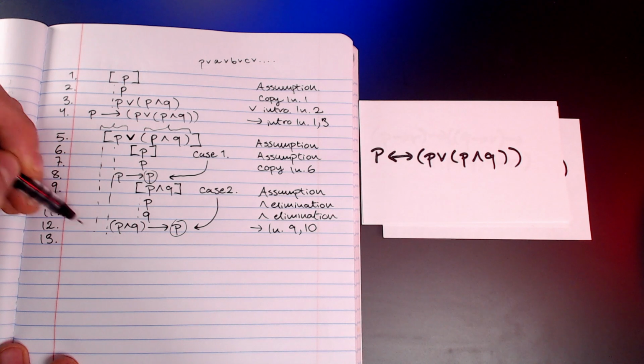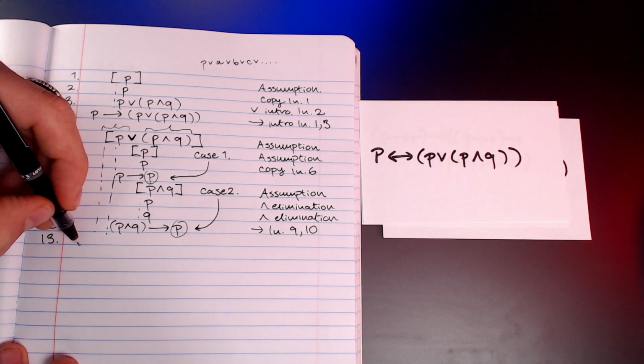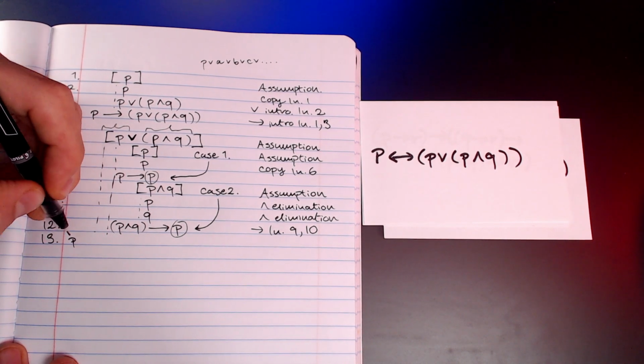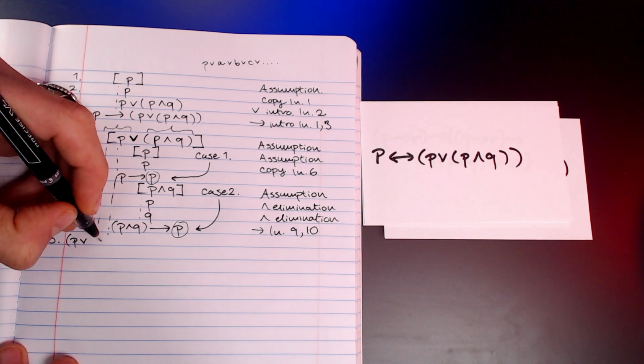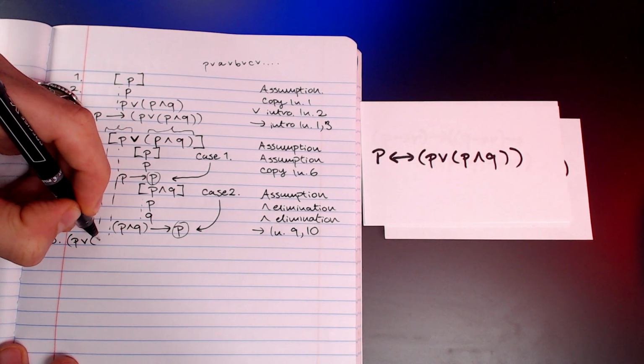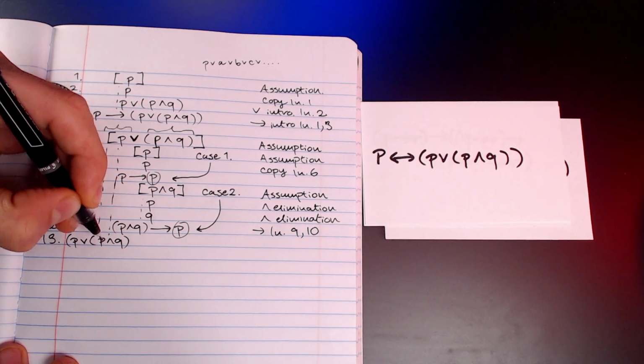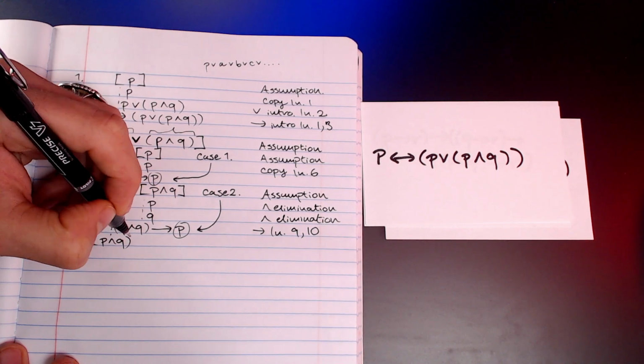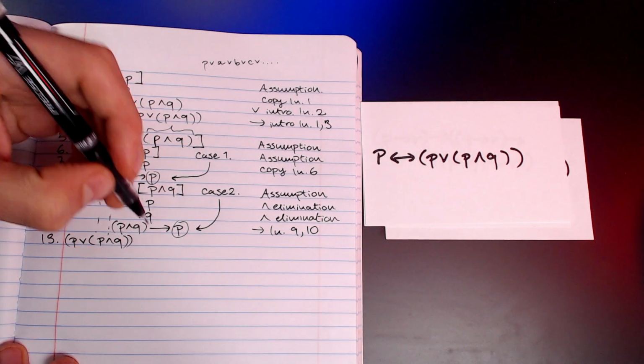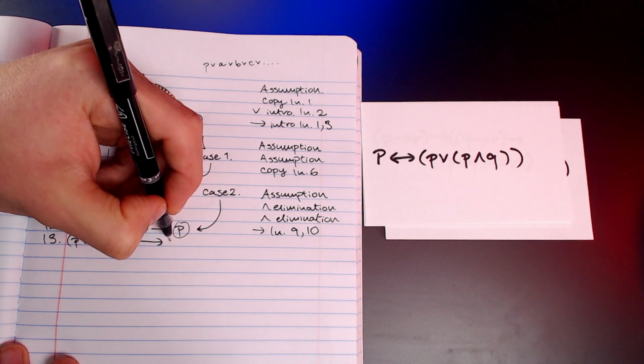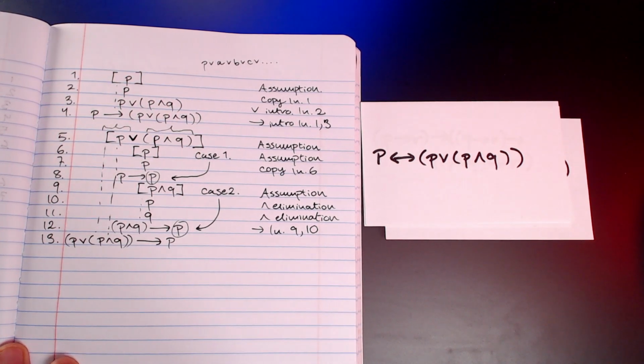So from here, regardless if P or P and Q is true, that would imply that P is true.